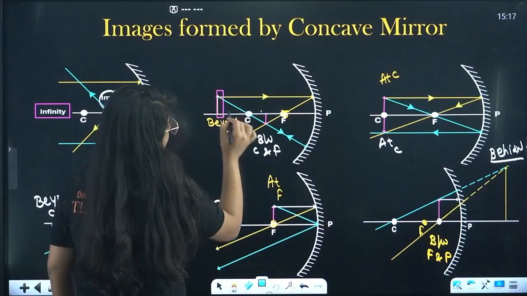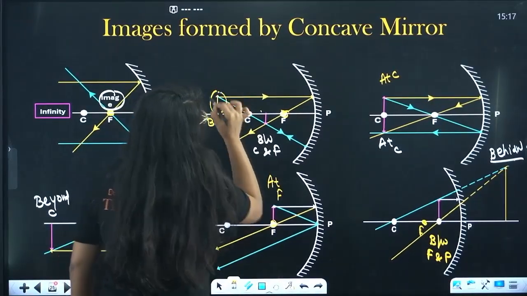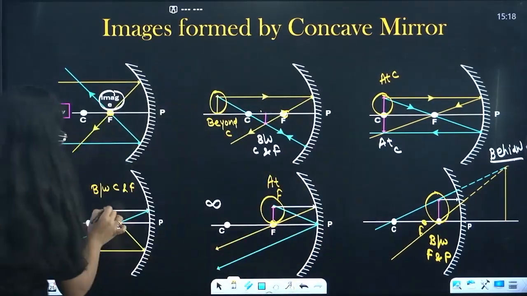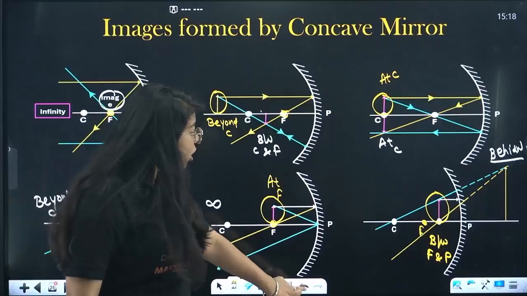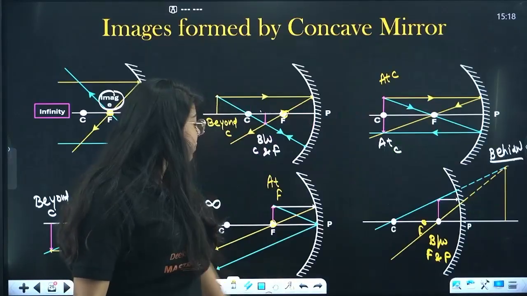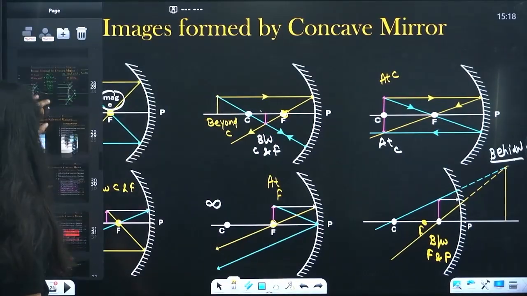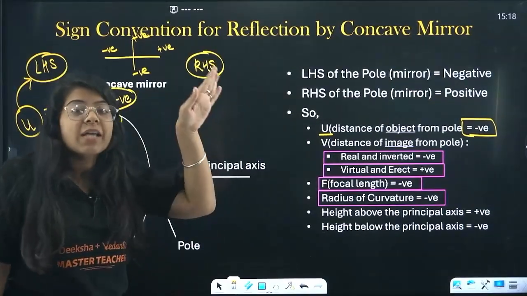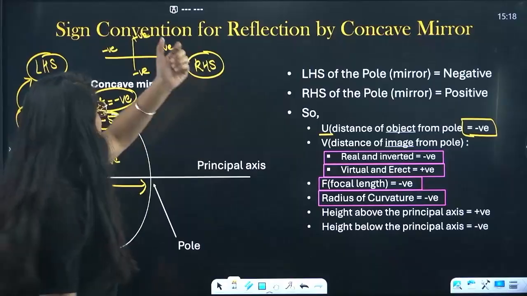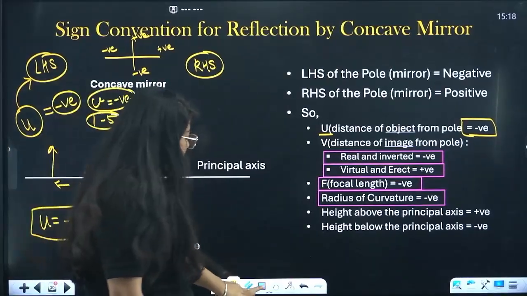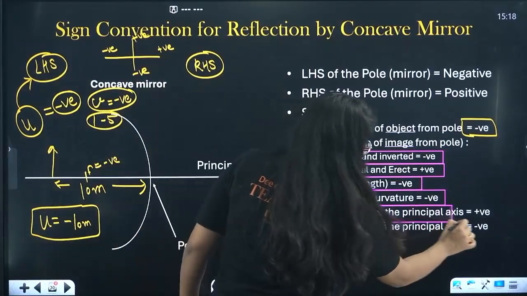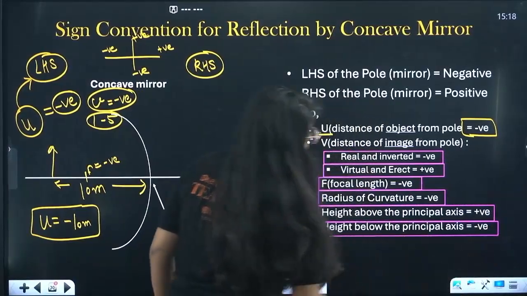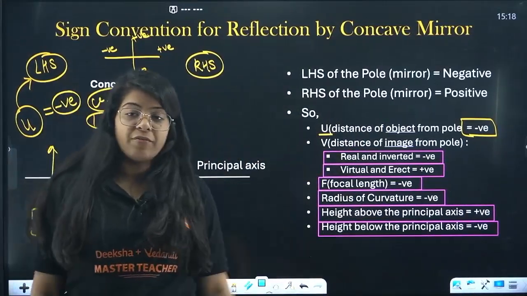So their height is on the upward side of the principal axis, which is the positive side. So height above the principal axis will be positive, and similarly the height below the principal axis will be negative. All these things you have to remember.